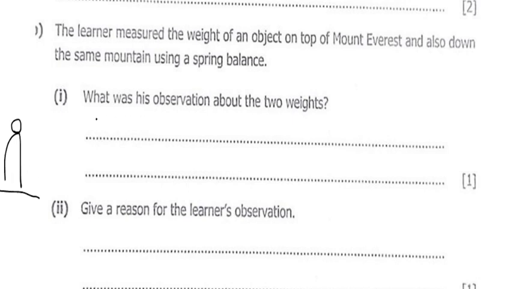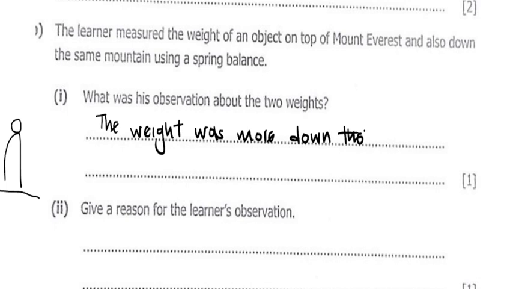So we can simply say the weight was more down the mountain. So if the weight was more down the mountain, we know it was less on top of the mountain.